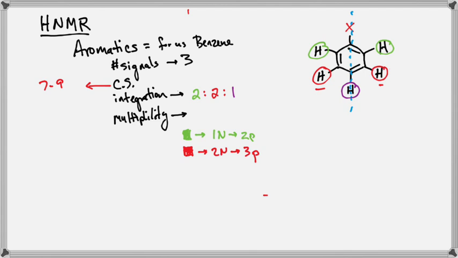No. Okay, why would that matter? We're just going to do it. Why would that matter? If they're not the same, that's 2 different neighbors. Not 2 neighbors, 3 peaks, 2 different neighbors.